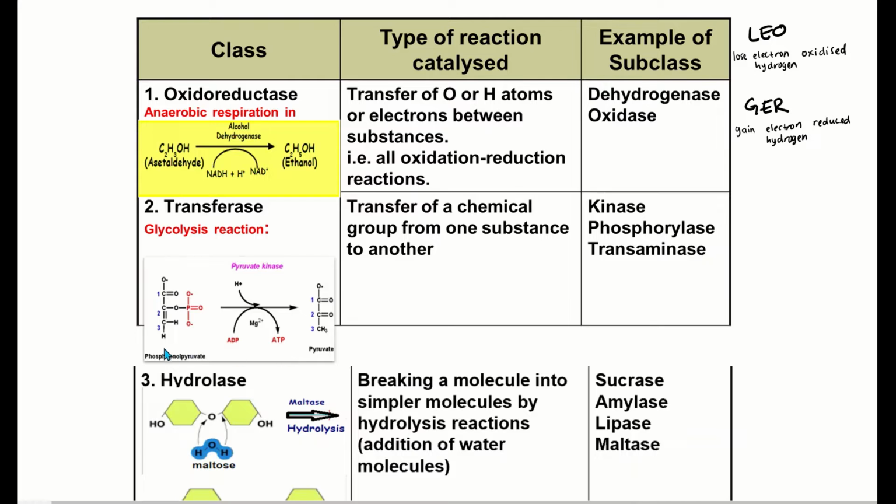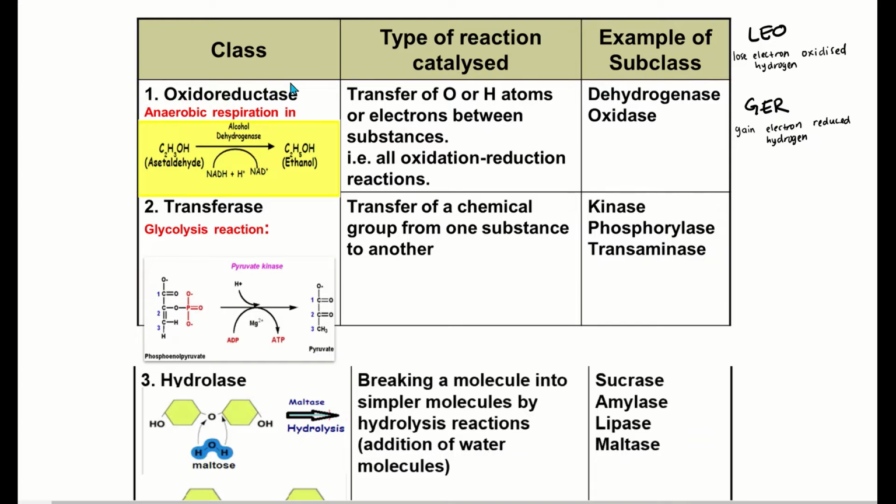Sekarang ni yang tinggal hanyalah pyruvate. Yang ini warna merah ni dia bagi kat ADP untuk jadi ATP. So tinggal pyruvate. Nama enzim dia adalah pyruvate kinase. Dia buat apa? Transfer chemical group from one substance to another. So ini kelas transferase.